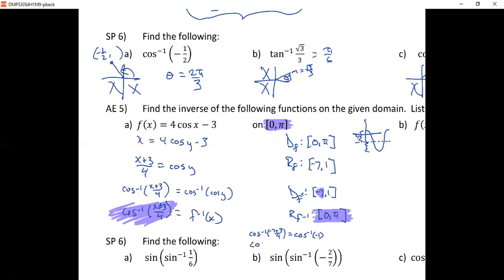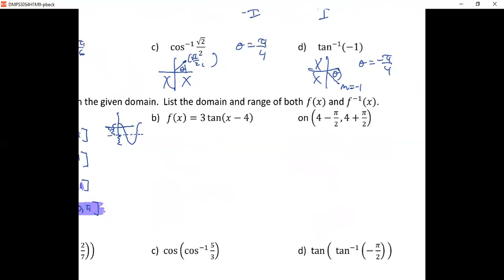If we plug in 1, 1 plus 3 over 4 will be the inverse cosine of 1, the largest ratio that we can plug in there. So the reason why our domain is what it is has to do with the smallest and the largest x value we can plug in so that we have the interval from -1 to 1.